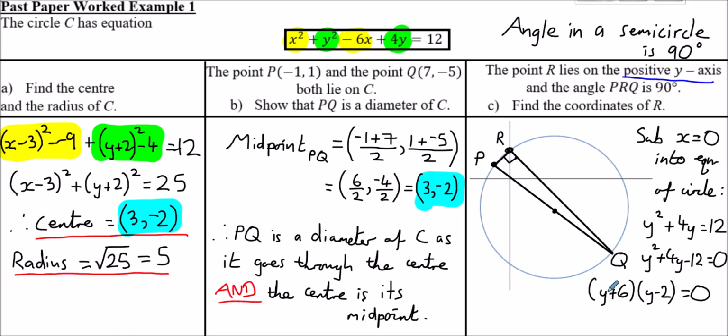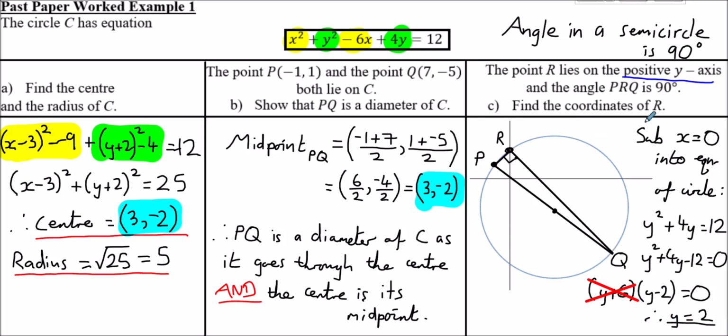Normally it'd be saying that y is either minus 6 or positive 2, but because y can't be negative in this case, we can scrub this one off as a possibility. We're looking at this bracket equal to 0, therefore y has to be positive 2. So therefore y is 2.